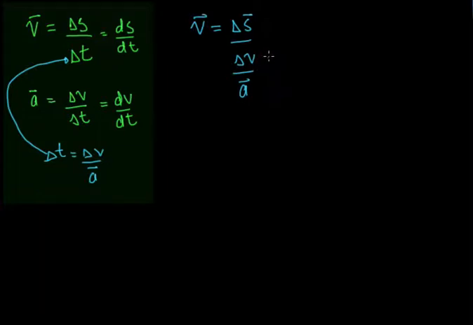I will get this delta v divided by acceleration onto the other side. So velocity times change in time equals delta v divided by a. Just verifying that I've got all this correct. So what am I going to multiply both sides by? Let me just switch colors so that this is clear.